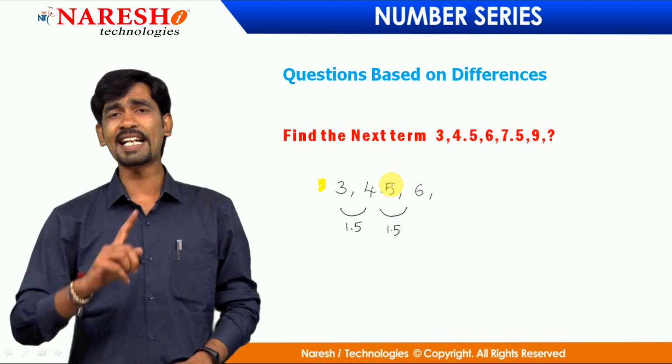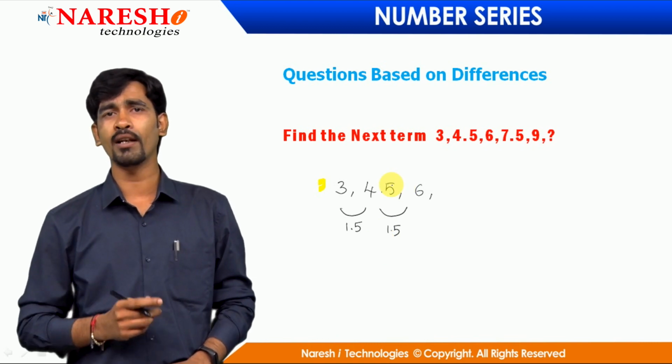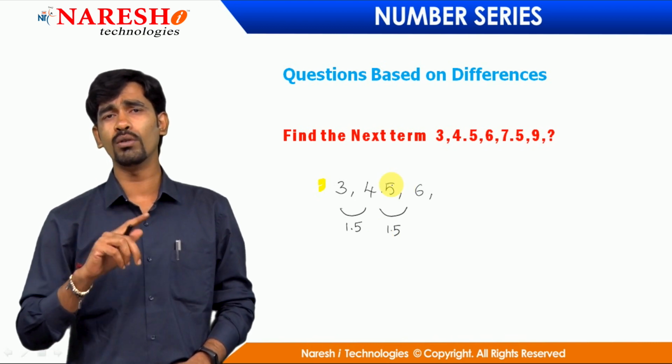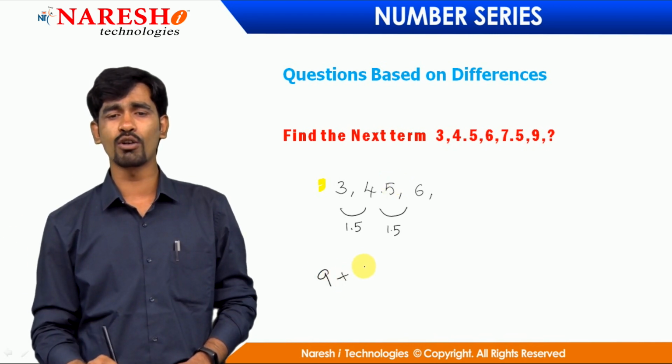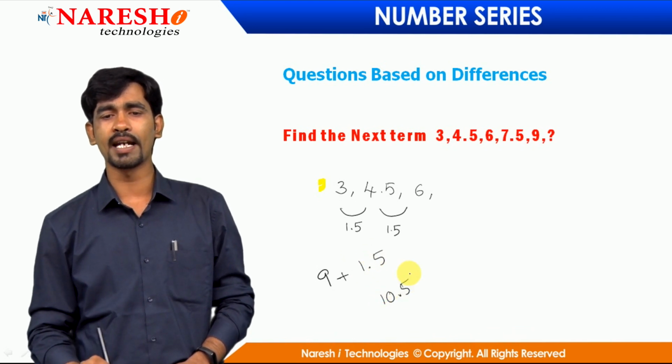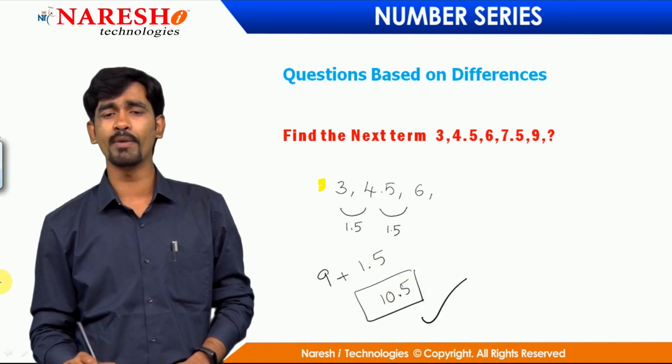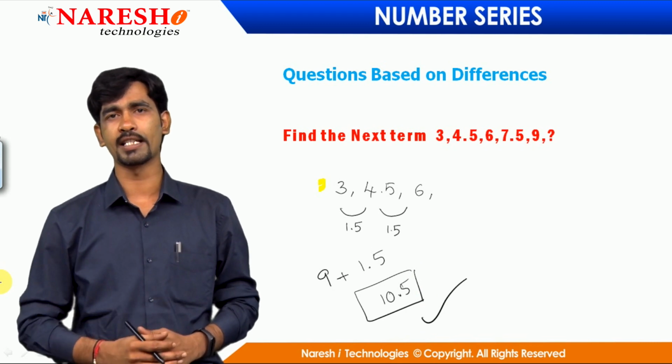So I can definitely say the next term will also maintain a difference of 1.5. So 9 plus 1.5, you can mark your answer choice as 10.5.